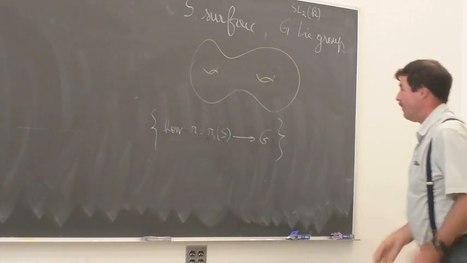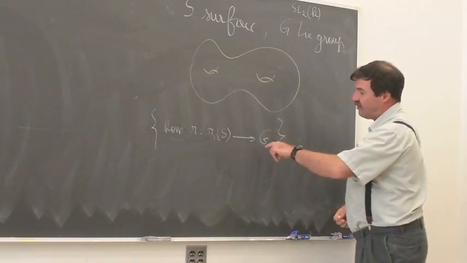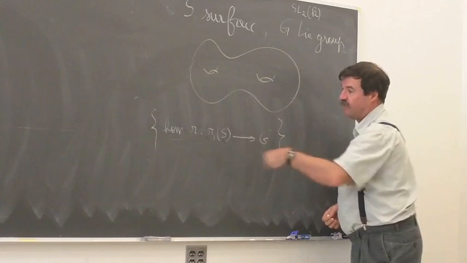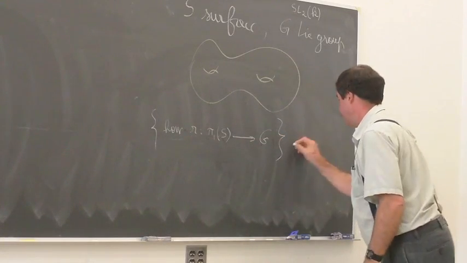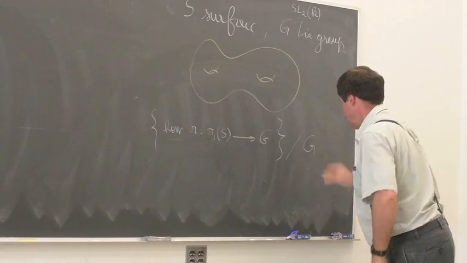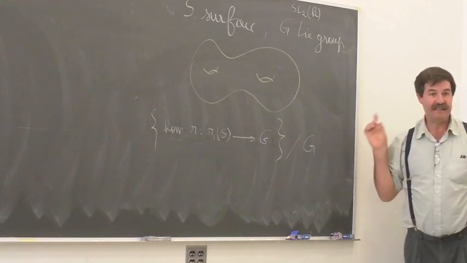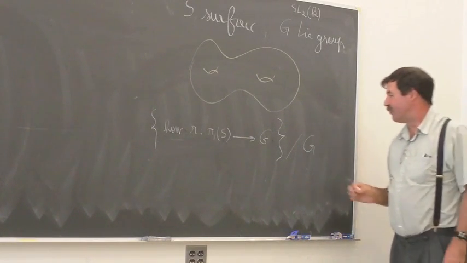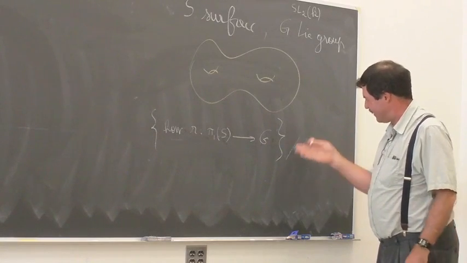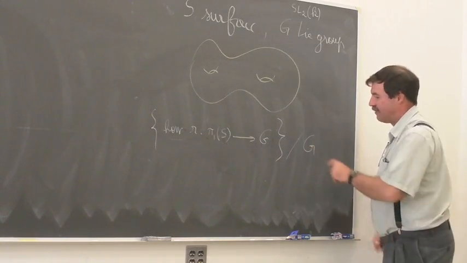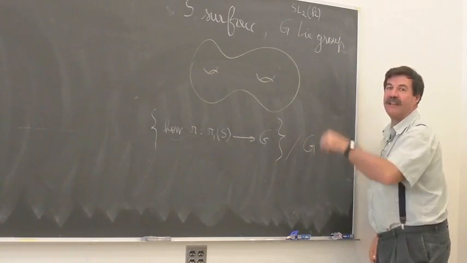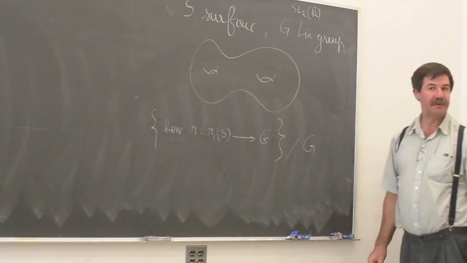Okay, so we care about this, and then here you have an action of the group G by conjugation, and so you can take the quotient under this action. If you're a naive topologist, you write it like this, but if you know a few more things, you realize that if you take just the topological quotient, then you get a quotient which is not Hausdorff.